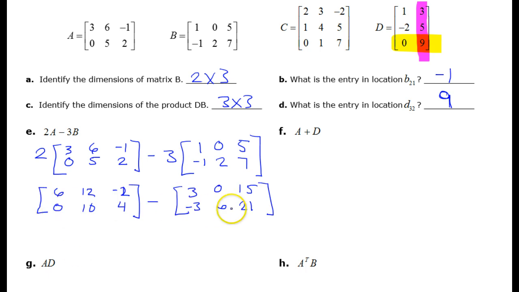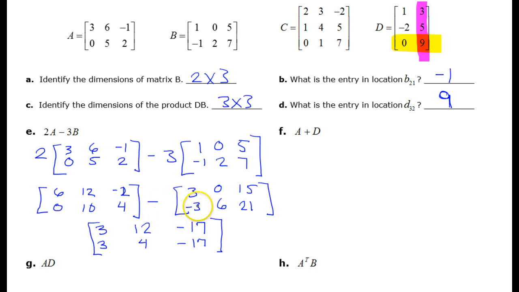So that gives me this so far. Finally, we need to go ahead and subtract the first matrix minus the second matrix. So for the final answer, we will just subtract each entry in the first matrix minus the corresponding entry in the second matrix. So this will be the final answer.